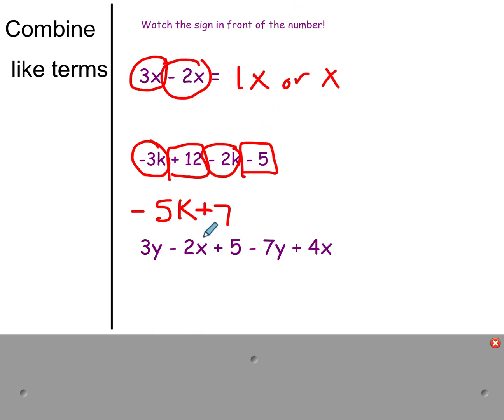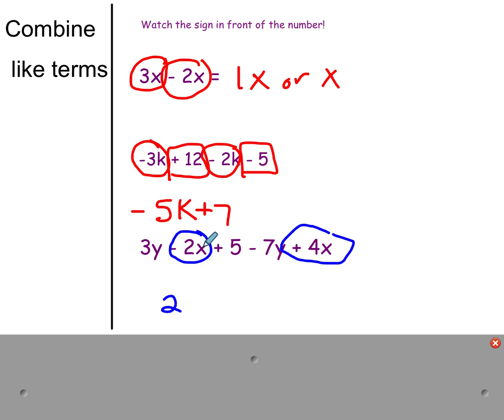Starting with my variables, I'm going to start with x because x alphabetically comes before y. So I have a negative 2x and a positive 4x. A negative 2 and a positive 4, signs are different, so I subtract.